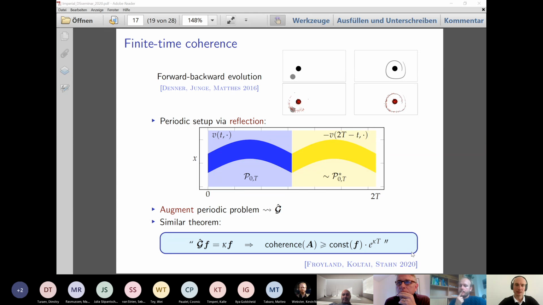But since the geometry is changing and the dynamics is changing, I get a non-trivial coupling of these things, and this is what the non-sharpness is generated by.